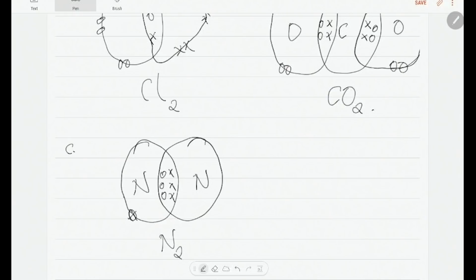By doing that, it has acquired an outermost shell which is fully filled with electrons. It is sharing 6 electrons plus the 2 outside. This is what we call a triple covalent bond. Why? Because each nitrogen atom is bringing 3 electrons to the covalent bond.